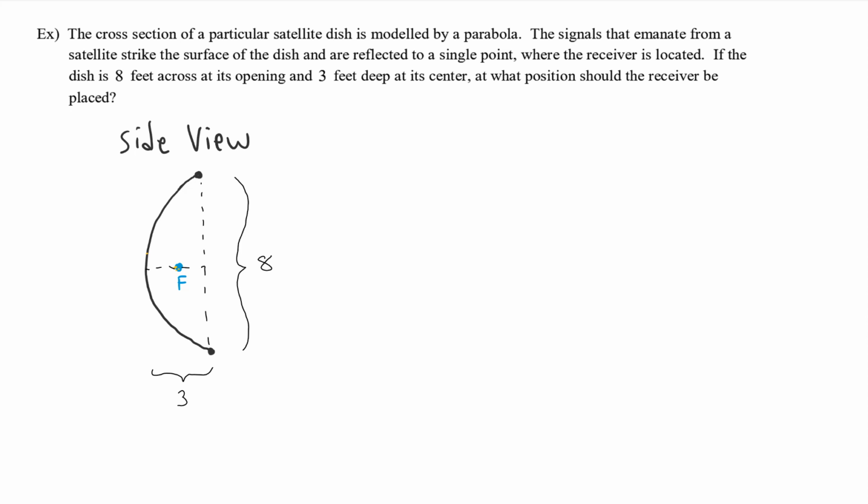So let's put this on the coordinate plane. I can put this anywhere I want on the coordinate plane, but I think you'd agree if the vertex is at 0, 0, that would make everything a little bit easier. So why don't we go ahead and put this point here at 0, 0. Then let's finish drawing the rest of the parabola.